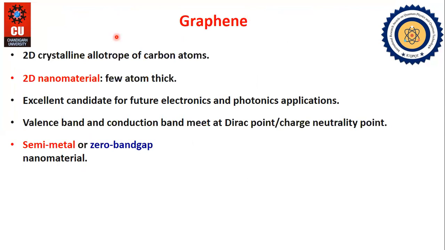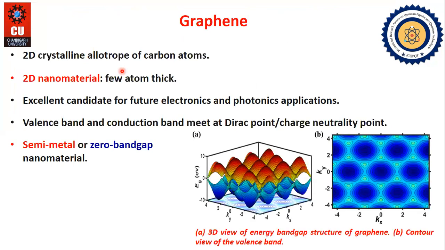Graphene. Now, graphene is basically a two-dimensional crystalline allotrope of carbon atoms which are arranged in a honeycomb or hexagonal lattice. We can see here they are in the shape of hexagons. Hence, 2D means a layered material only a few atoms thick, and there are two bands touching at 6 points, and they are called the Dirac point or charge neutrality point.